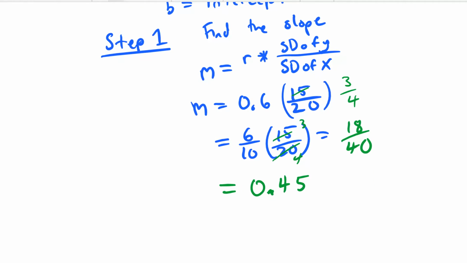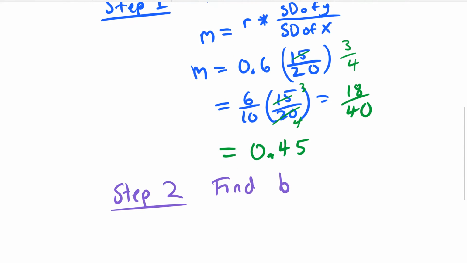The next step is to find the intercept, to find b. We know the regression line passes through the point of averages.